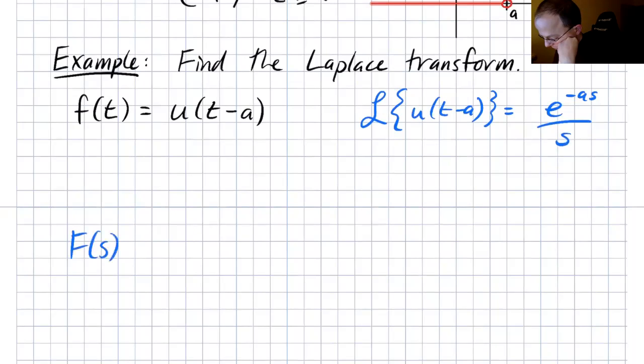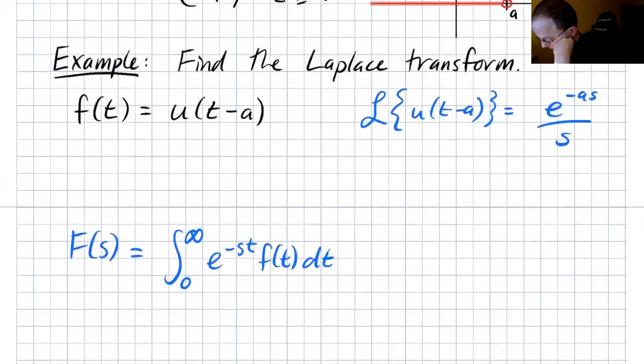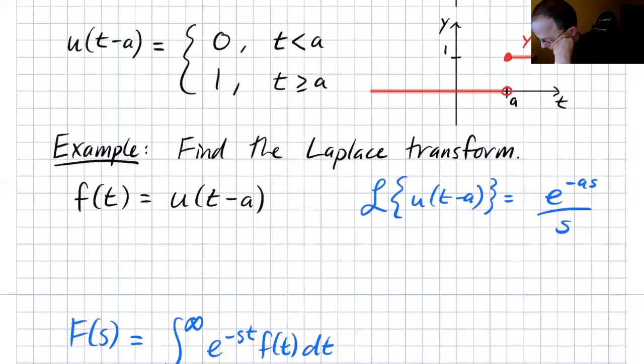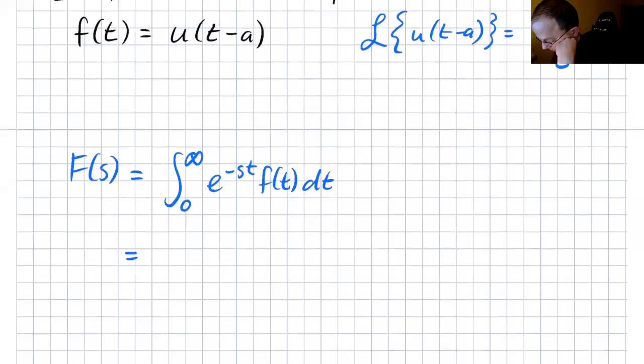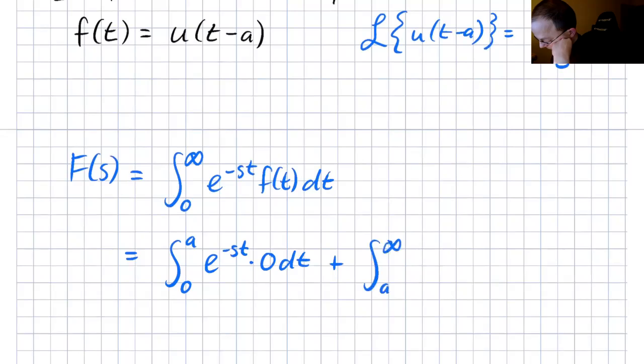The definition is the integral from 0 to infinity of e to the negative st times f of t. And we know that it is 0 for t less than a, and it's 1 for t greater or equal to a. So this will become the integral from 0 to a of e to the negative st times 0, which just becomes 0, plus the integral from a to infinity of e to the negative st times 1.